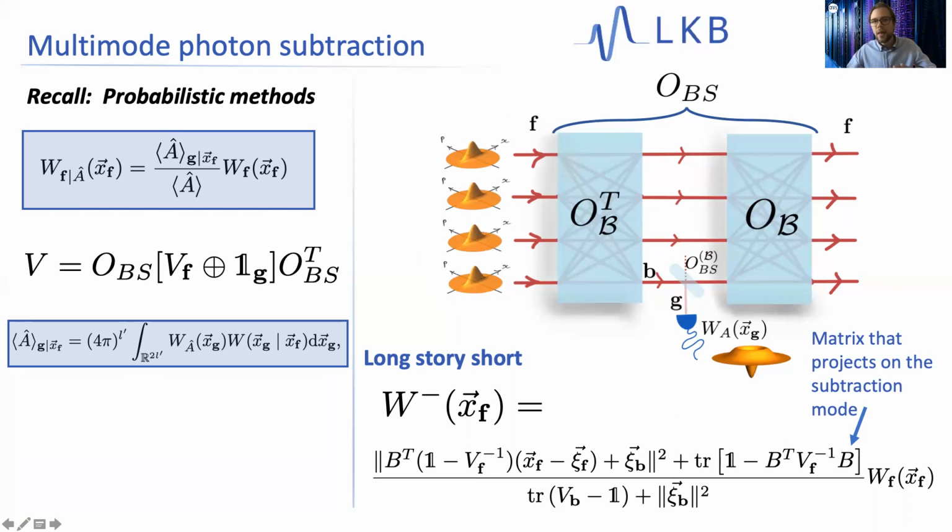I'm going to take my full 2m-dimensional matrix, where m is the number of modes that I have in F, and I'm going to project it down on this mode B that I have here. And so this projection is done by these matrices B. They take a big matrix and they send it to something 2 by 2.